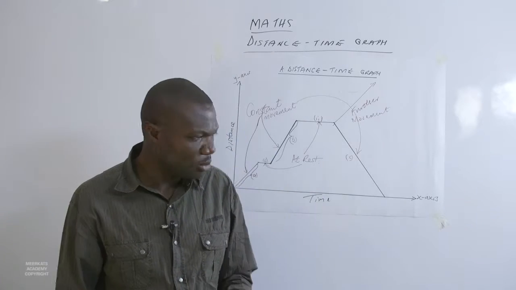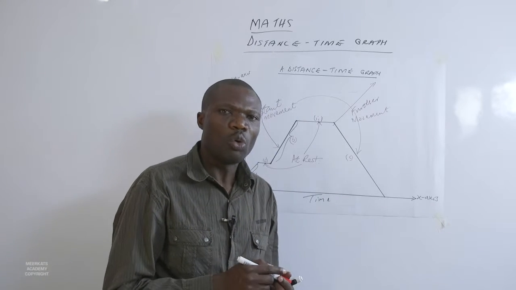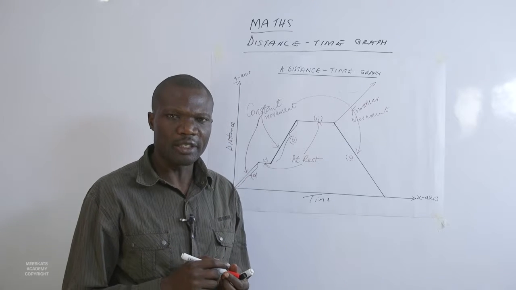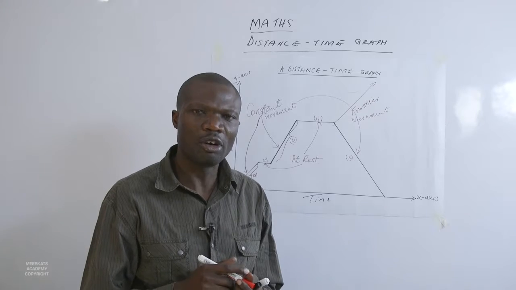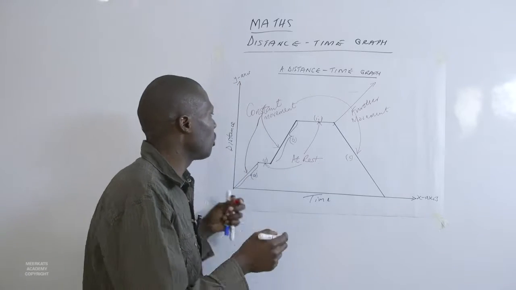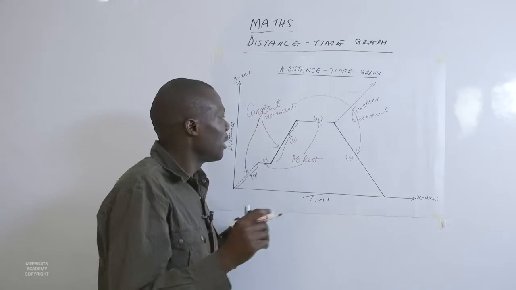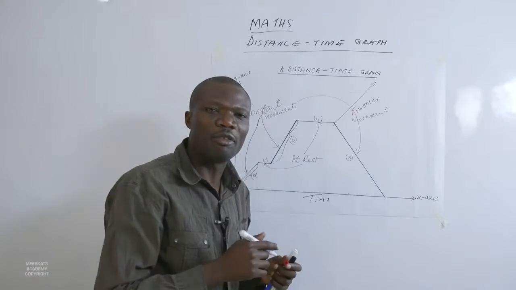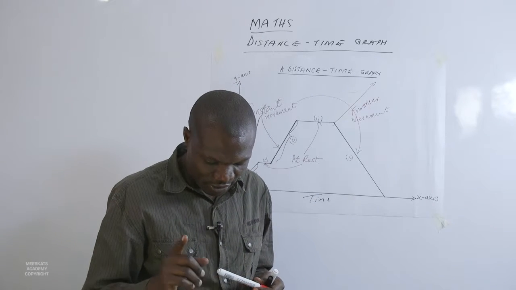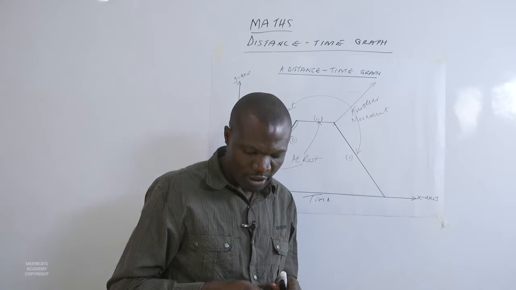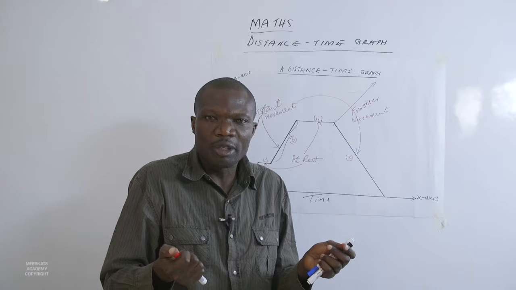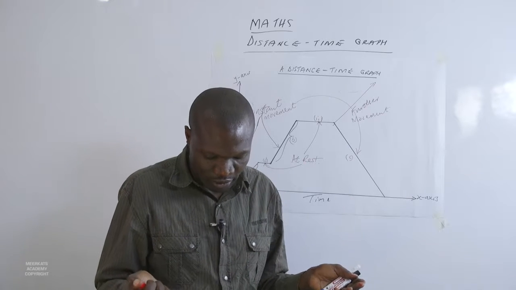Now, I want to put this clear. We all know what a gradient is. A gradient is simply the steepness of a line. So, we are saying today that the steepness of this graph represents speed, in other words.